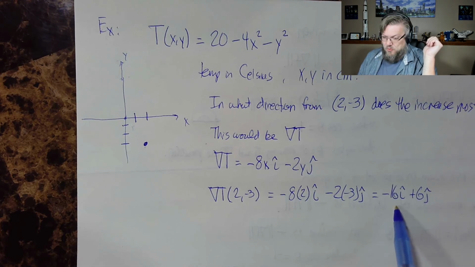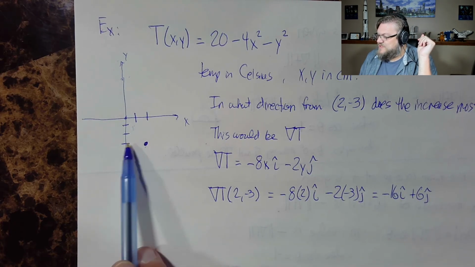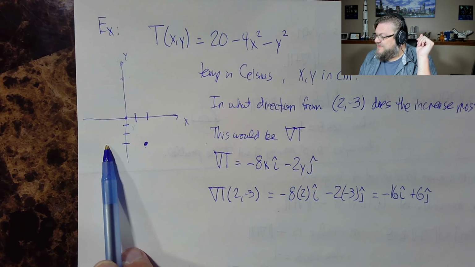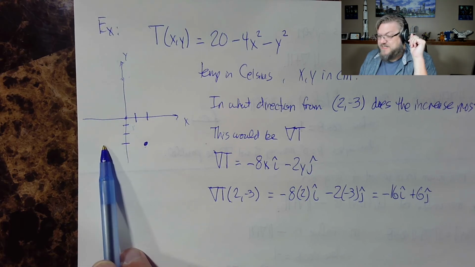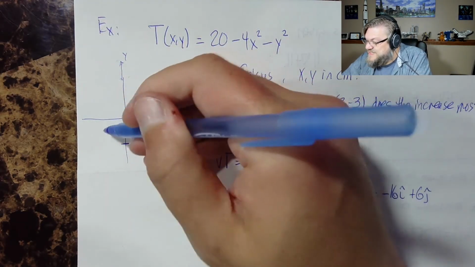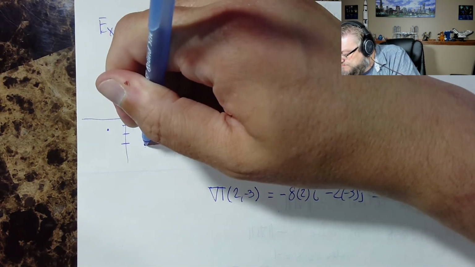If I divided by 4, that would be parallel to that. So if I divided this by 4, I would go negative 4, 1, 2, 3, 4, and then up 6 divided by 4, which is 1.5. So 1.5. So roughly speaking, I would have to walk in this direction.